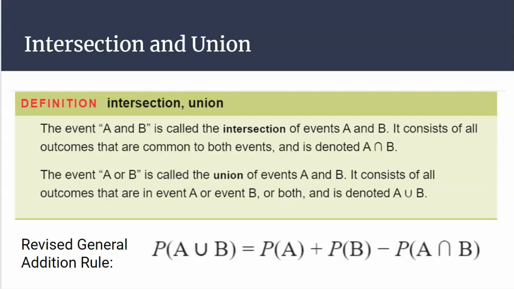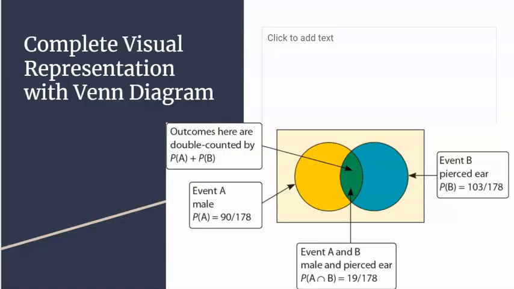All right, if you stuck around for the practice, here's another representation of the complete visuals on a Venn diagram using the numbers we used in the practice slides, the pierced ears versus gender survey. You can see here event A, the probability that the person is male, is a 90. This includes everyone, because it's not just talking about the space without the intersection.